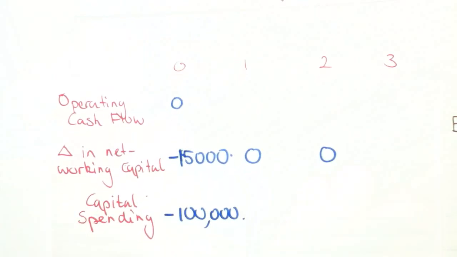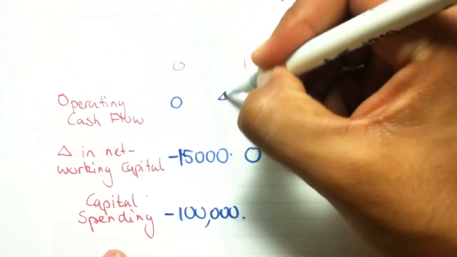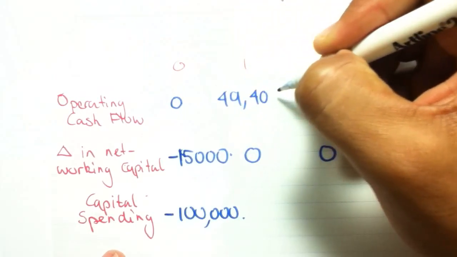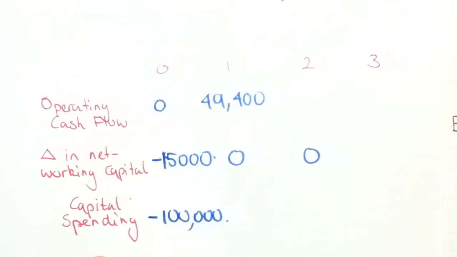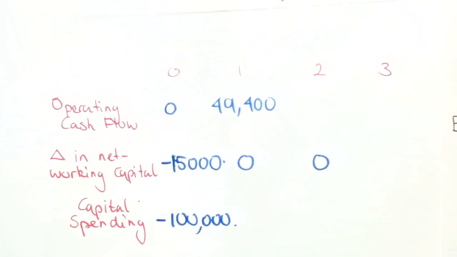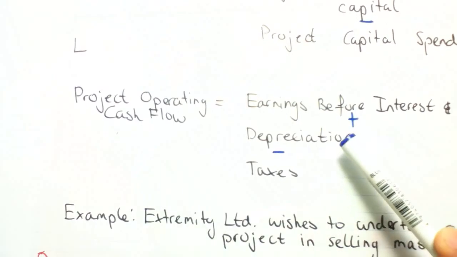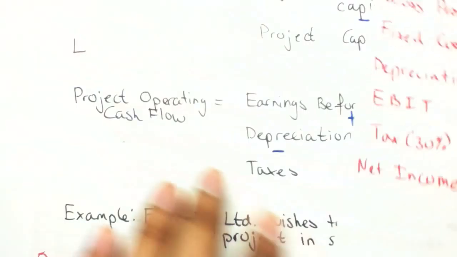So in the first year, operating cash flow is going to be $49,400, sorry. Okay, why is that the case? Well, let's look at our formula. Project operating cash flow is equal to earnings before interest and tax.